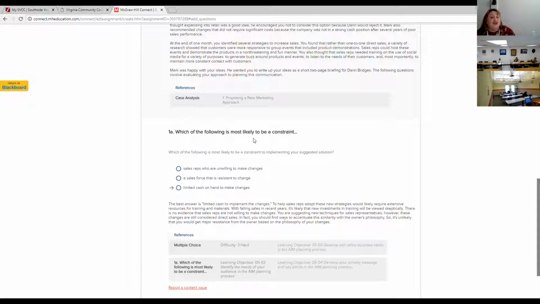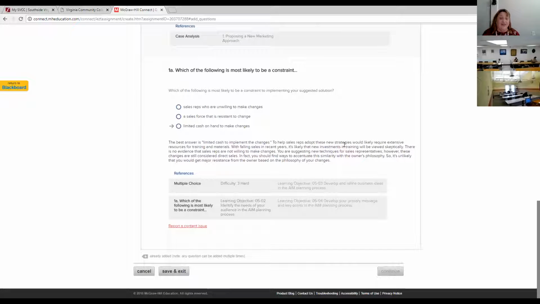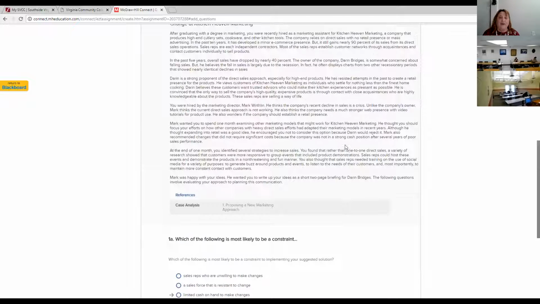What is a constraint? What's keeping you from implementing your suggested solution? Looks like we don't have much cash on hand to make changes. It's not that the sales reps are unwilling or that they are resistant to change. This is the cash flow problem.